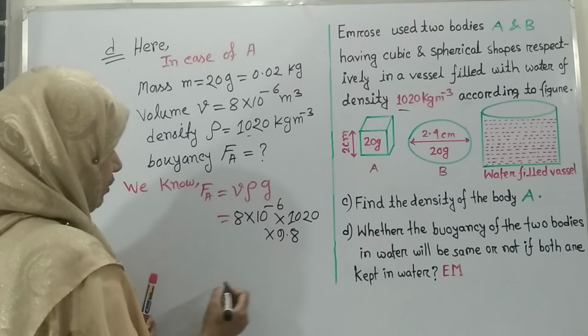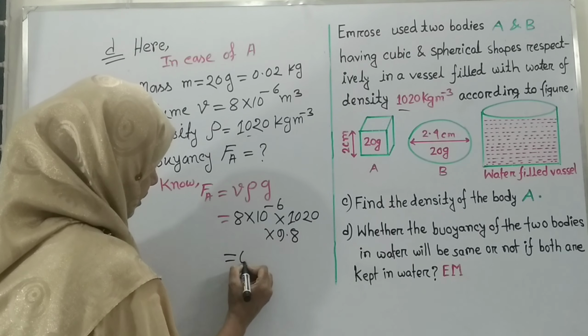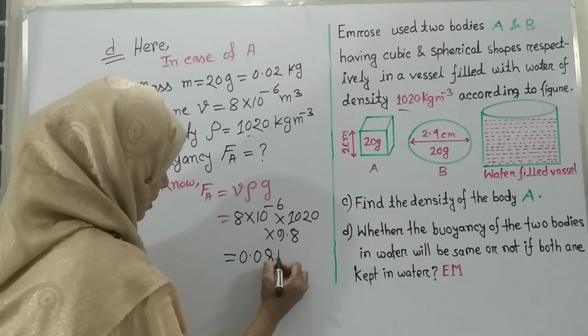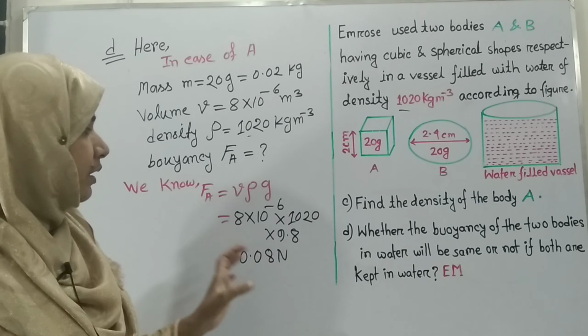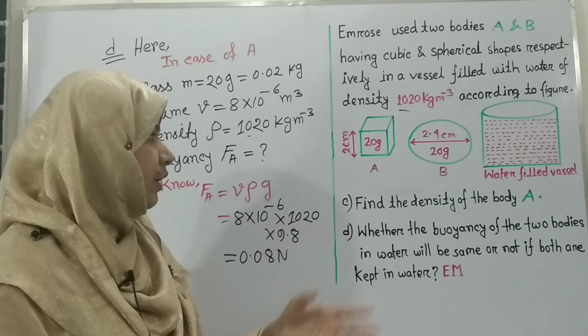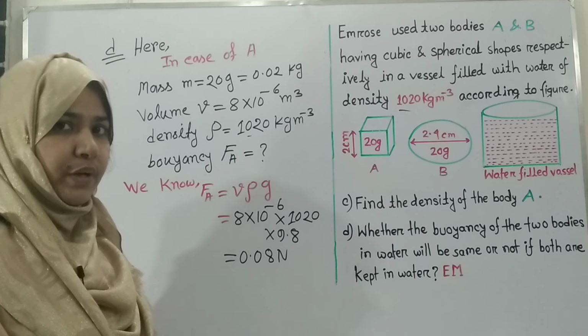So after calculating it, you will get the answer 0.08 Newton. Now we will calculate the buoyancy force of B in a similar way.